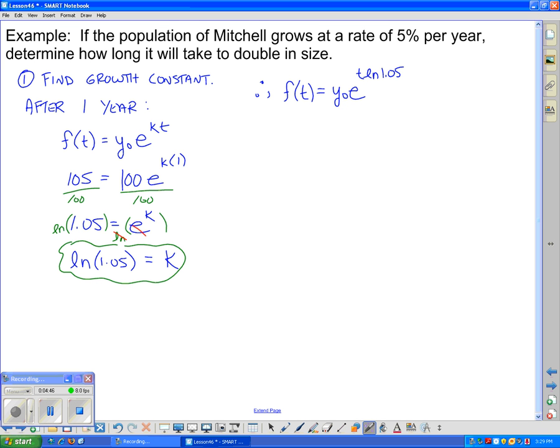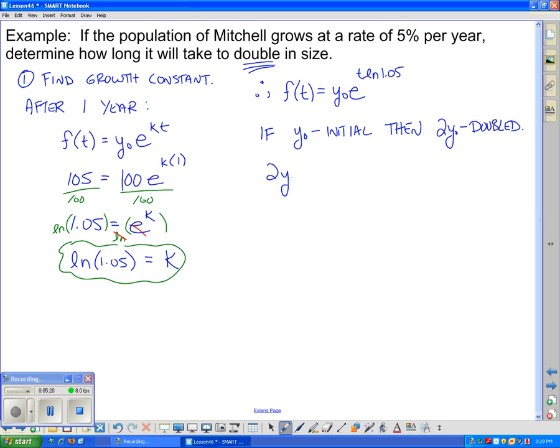So now we can answer the question. We couldn't answer the question until we had that growth factor. You need it first. So if the population of Mitchell grows at 5%, taken care of, determine how long it'll take to double. So we're looking at doubling time. Well, if y naught is the initial, then 2y naught would be doubled, right?